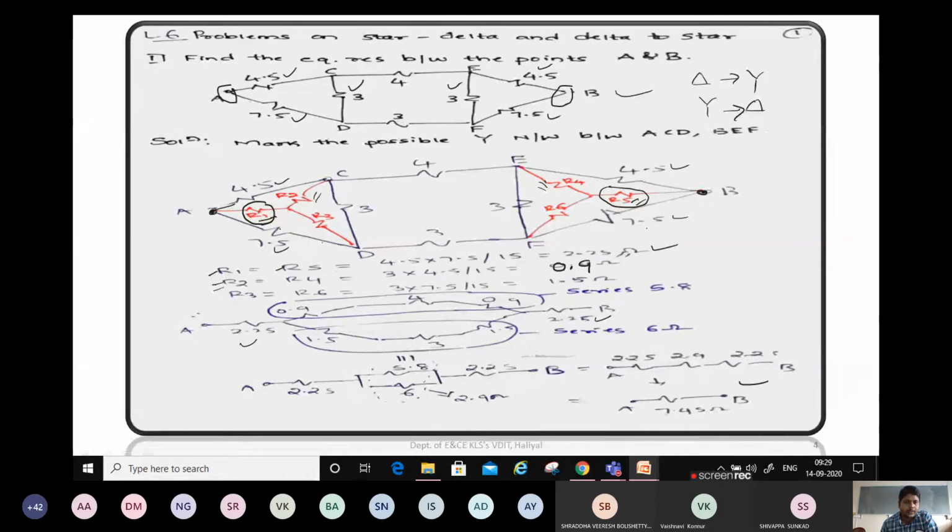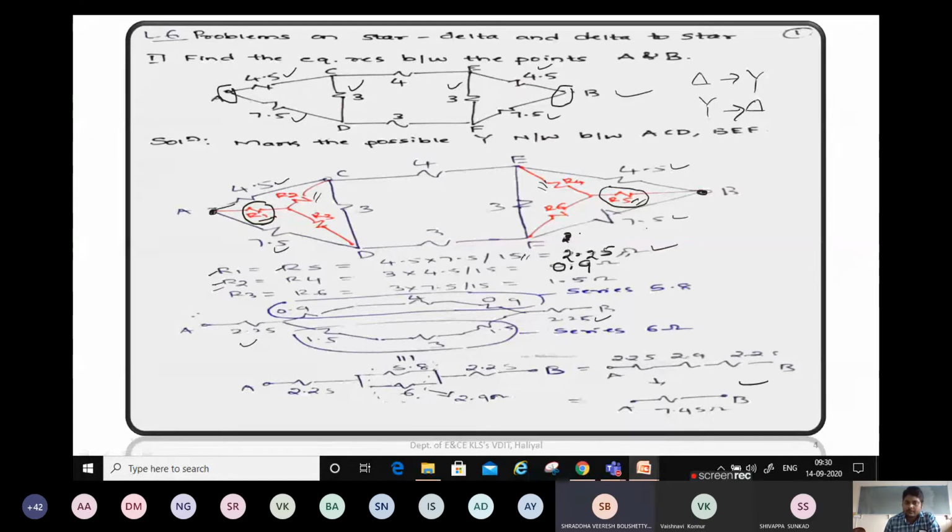If you want to calculate any resistor, you have to multiply the adjacent values: 4.5 into 7.5, whole divided by the summation of these, 3 plus 4.5 plus 7.5, which turns out to be 15 here. That is equivalent to 2.25 ohms.